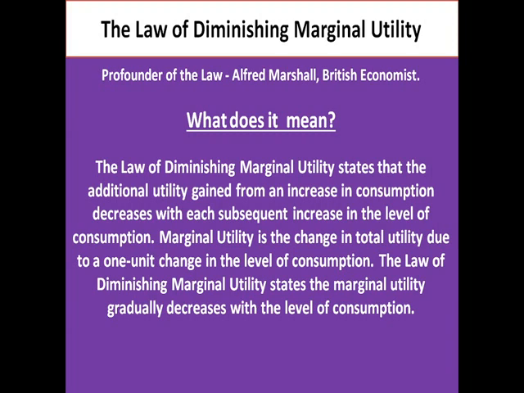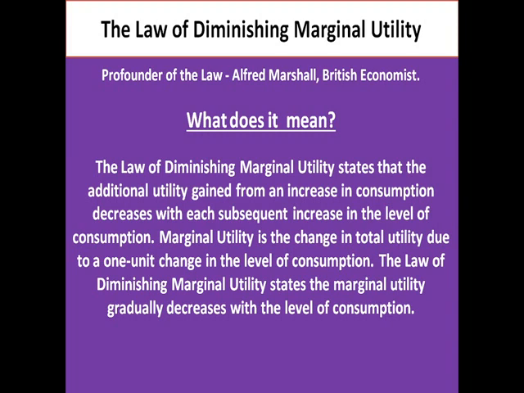And again your satisfaction or utility from the subsequent units, the third, fourth or fifth unit of rasagulla, will be gradually diminishing. So that is the law of diminishing marginal utility.